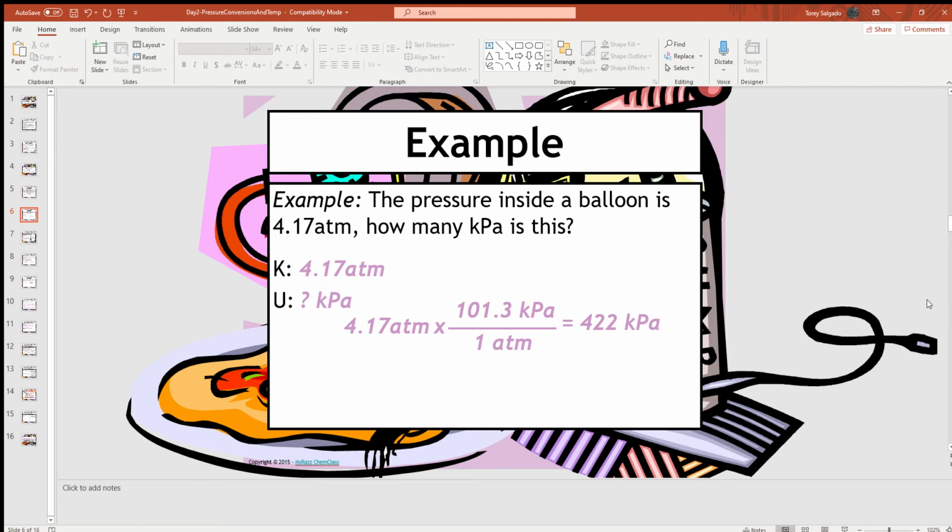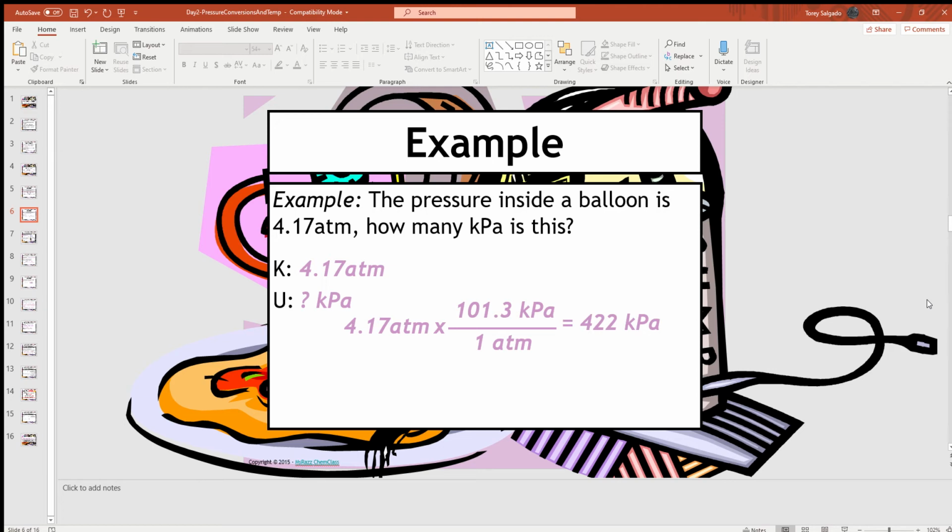Remember, we're canceling units. What we want is on top. What we want to get rid of is on bottom. Okay, so we start off with our known, 4.17 atmospheres. What we want is kilopascals, and the number for that in our notes is 101.3. What we want to get rid of, one on top, one on bottom, we can cancel those out.